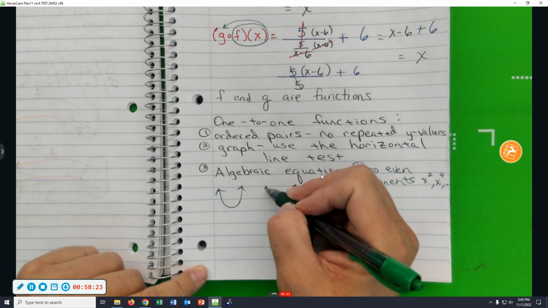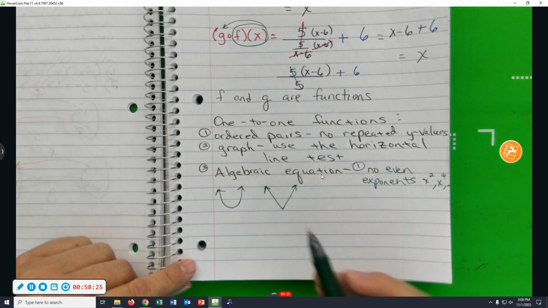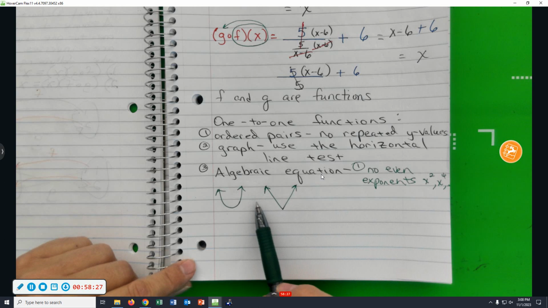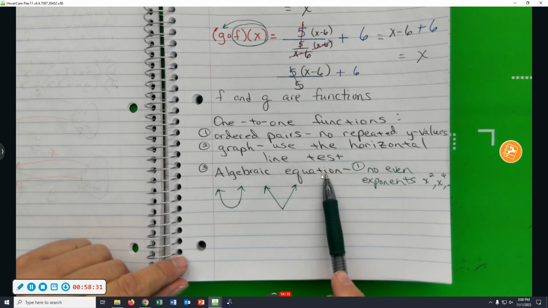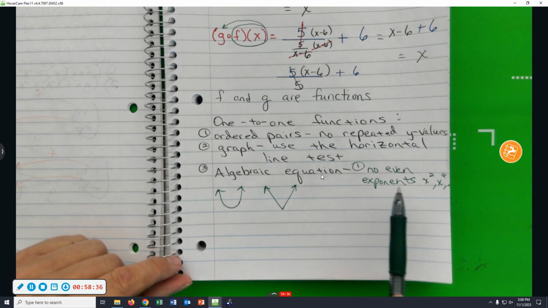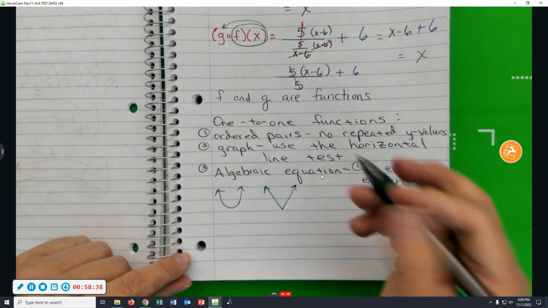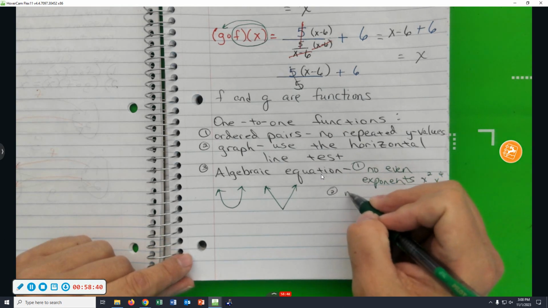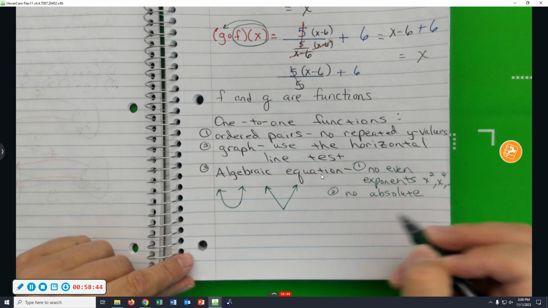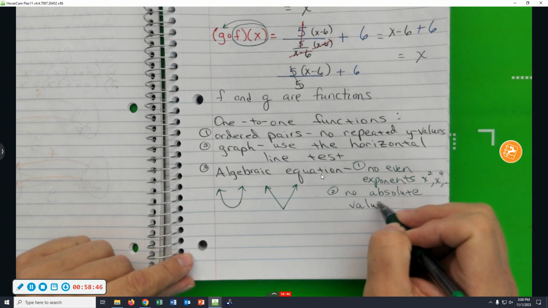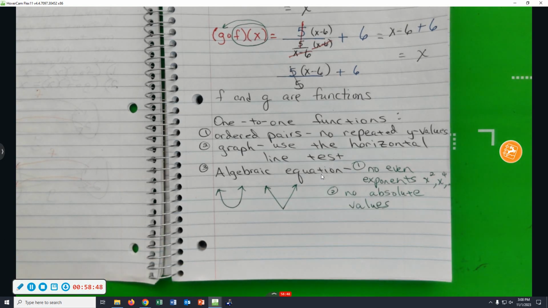Absolute value functions, you don't expect them to be one-to-one. So if you have an algebraic equation that's a function, in order for it to be one-to-one, there should be no even exponents and no absolute values. This is an easy way to look at an equation and say, with a high degree of certainty, that it's one-to-one.